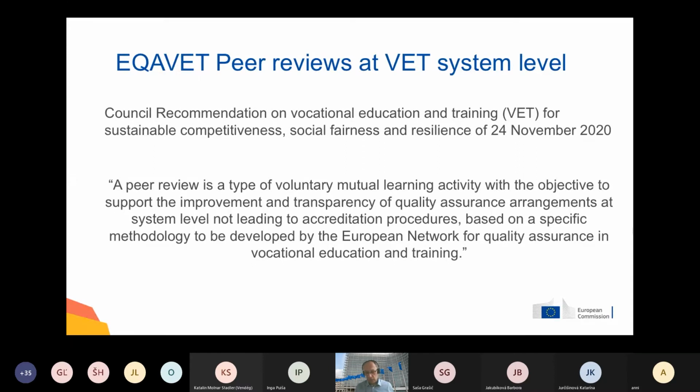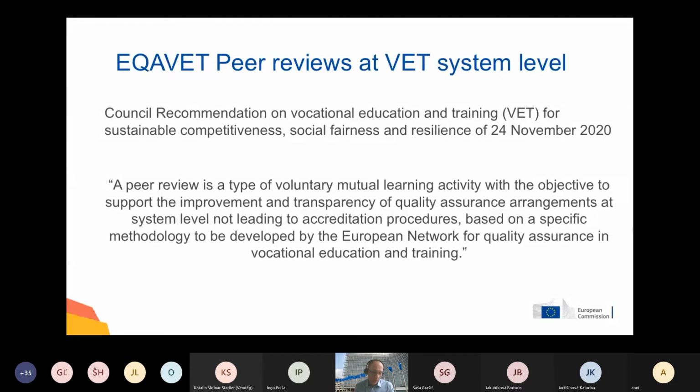As you know, since 2009, since the adoption of the EQAVET recommendation, we have had many activities where we carry out mutual learning through peer learning activities, our working groups, and other events that we have been organizing. But we also think it is useful to apply this methodology of peer reviews at system level in order to enhance mutual learning. So the first objective is to help the host country to improve their quality assurance arrangements.